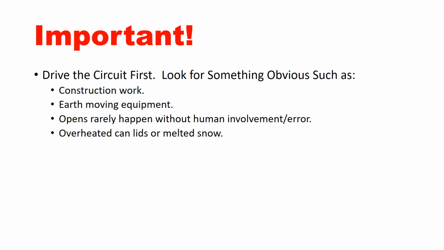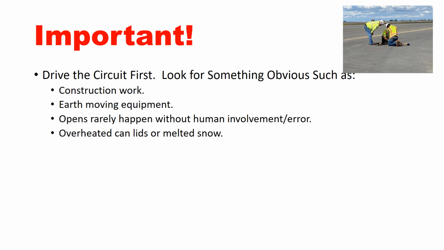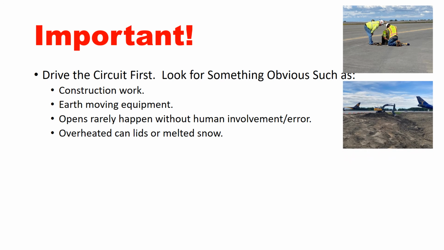Once you've determined that you have an open, you need to get out there and drive the circuit first. You need to look for something obvious, such as construction workers, or maybe earth moving equipment. Opens rarely happen without human involvement or error. It can happen that a wire burns off clean in midair, but it's very rare.